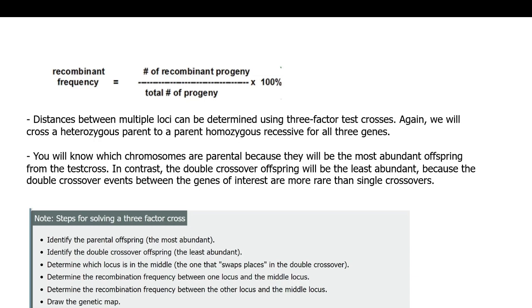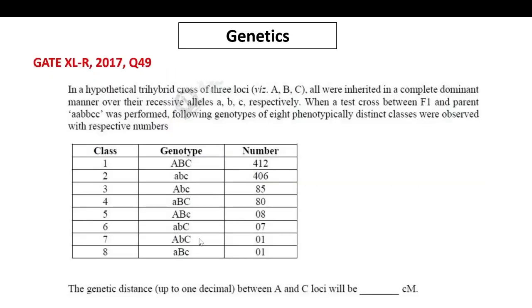Among A, B, C, it can be possible that the C locus is in the middle of A and B. So B is not in the middle. But how can you determine which locus is in the middle? For that, in the double crossover, just check which locus has swapped its place. In the double crossover, if you see here, the B locus in this question has swapped its place. So from this, you can know that the B locus is in between the A and C loci.